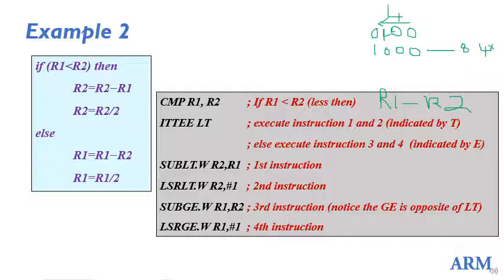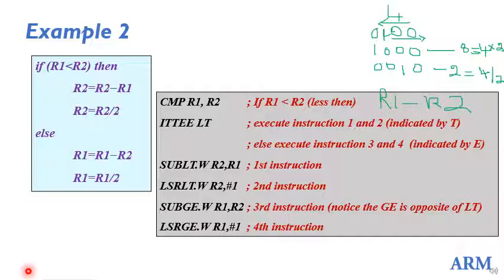Instead, if I shift this 4 to the right, the 1 will come here, 0010. That is 2. So it is nothing but 4 divided by 2. So shifting to the right divides the number by 2 and shifting to the left multiplies the number by 2.